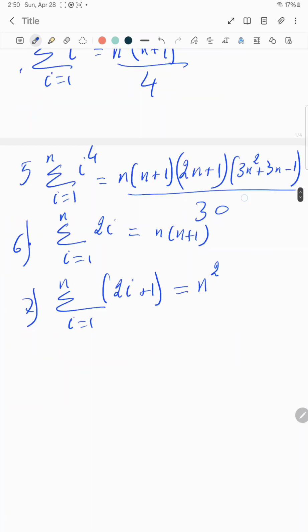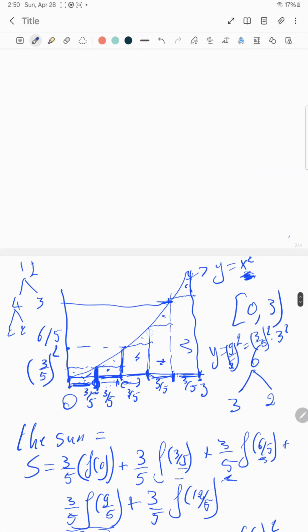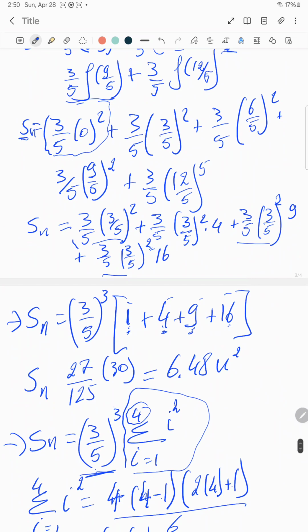Again, my rectangle is now height times width, and this is 3 over 5, this is 6 over 5, the x here, and the x here is 9 over 5, 12, and then I will end up with 15 over 5.